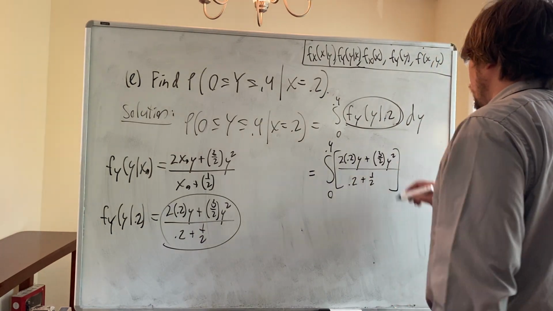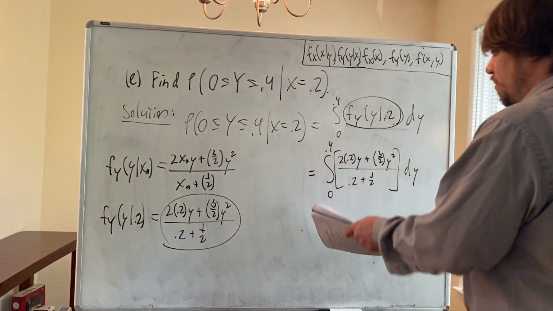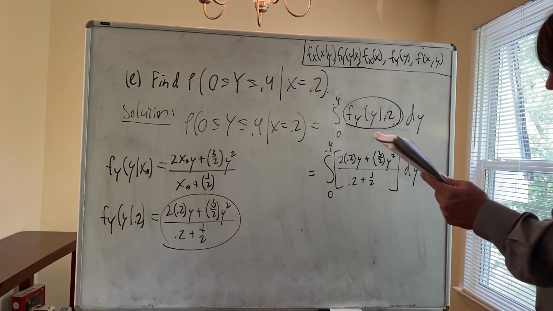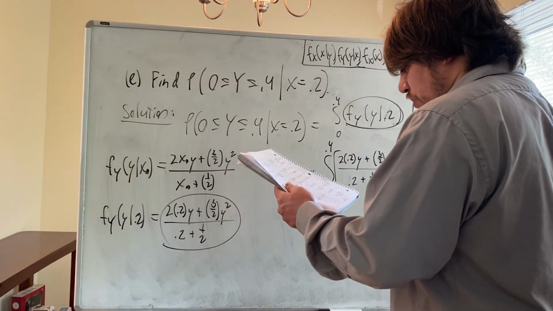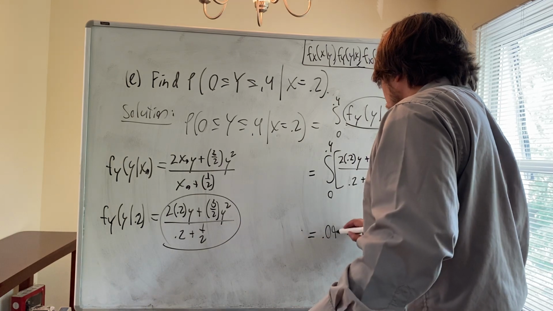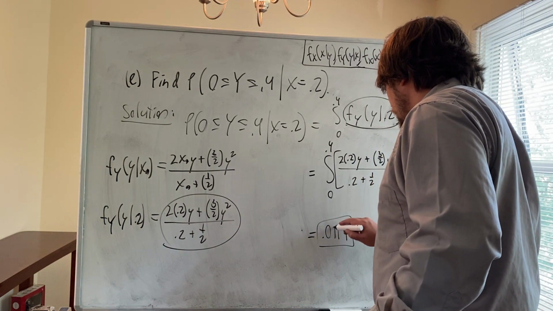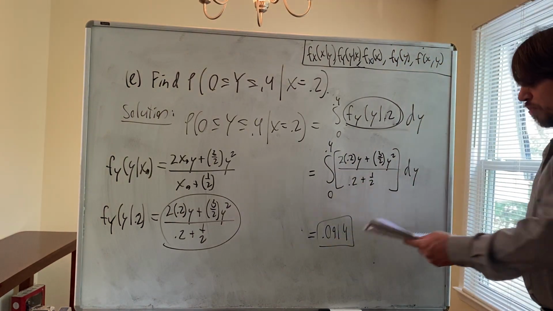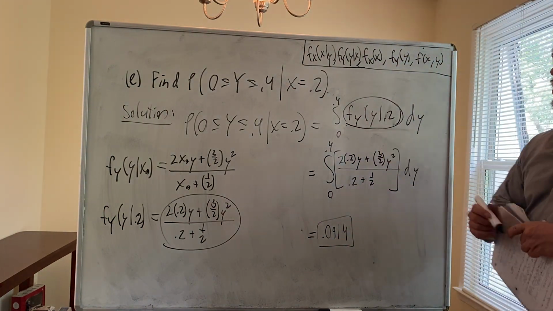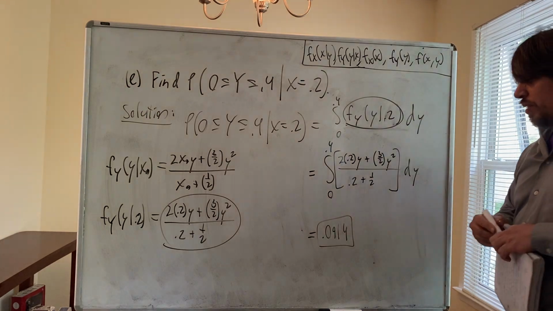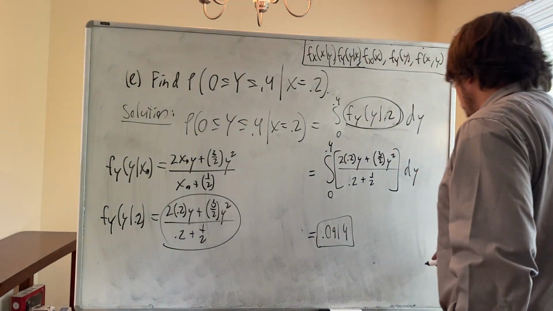So that's f sub y of y given 0.2, and then integrate that from 0 to 0.4 with respect to y. And you calculate that definite integral, and you get 0.0914. Okay, so that definite integral is 0.0914. And so the probability in E is equal to 0.0914. And that's the end of that one.